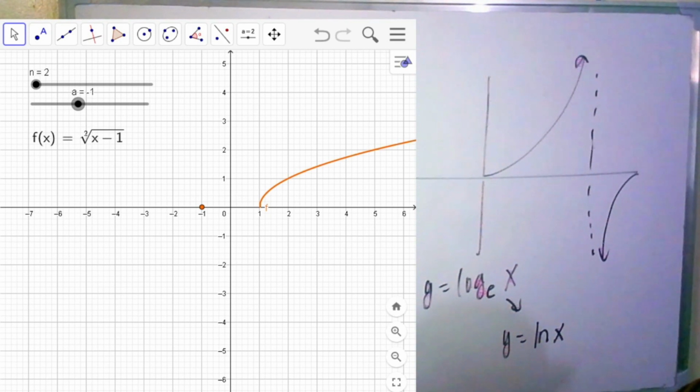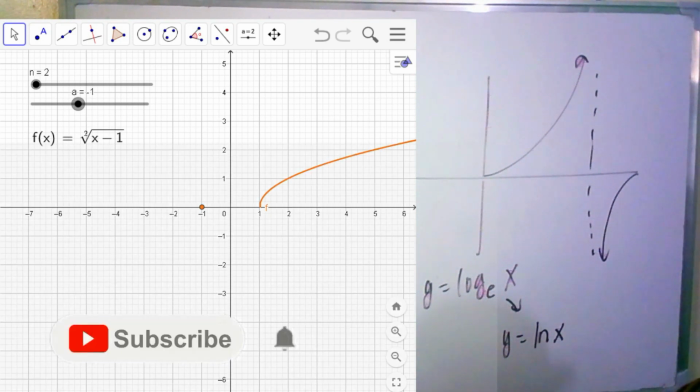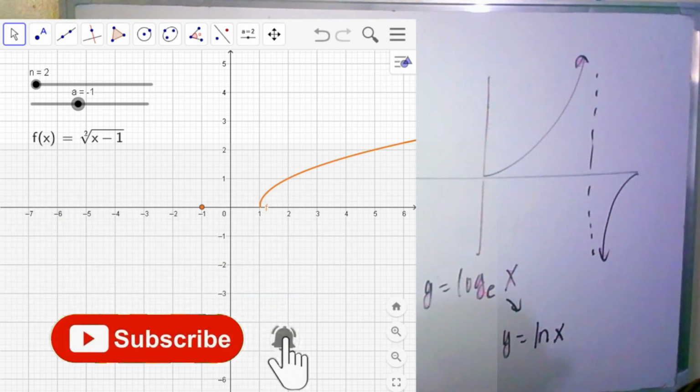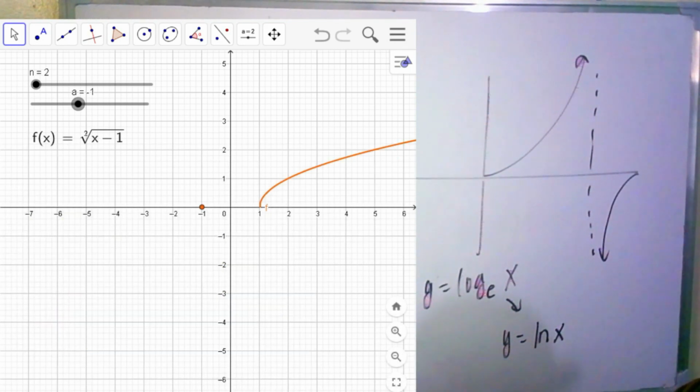The domain and the range are just the same as the common logarithm, with the mother function, the basic function. So pare-parehas lahat yan. Kapag naglagay tayo ng b, mag-iiba yung domain syempre kasi nga ita-transfer niya yung ating graph.